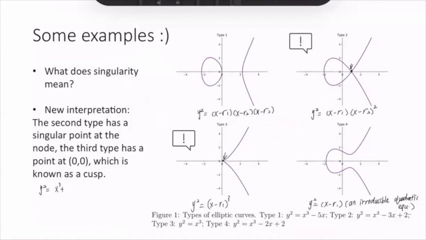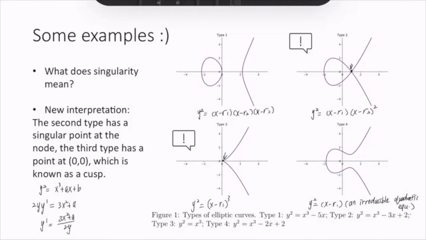And that gives us y prime is equal to (3x squared plus a) divided by 2y. If there is a singular point, and this point is at (x, y), then y prime does not exist.